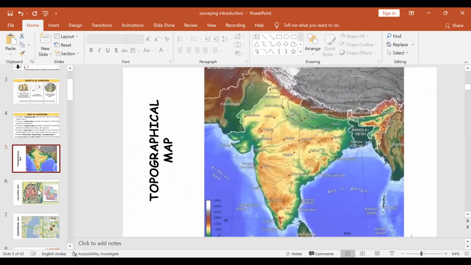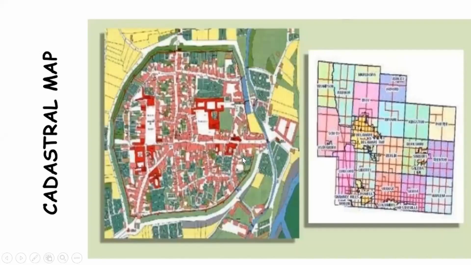Whatever a surveyor does, this map is prepared by a surveyor with the help of the modern instruments we use in our surveying. With the help of those instruments, we prepared this map, and this map will be at a particular scale. If you want to enlarge it, you can enlarge it to a scale, and if you want to compress it, we can use it as a reduced scale.